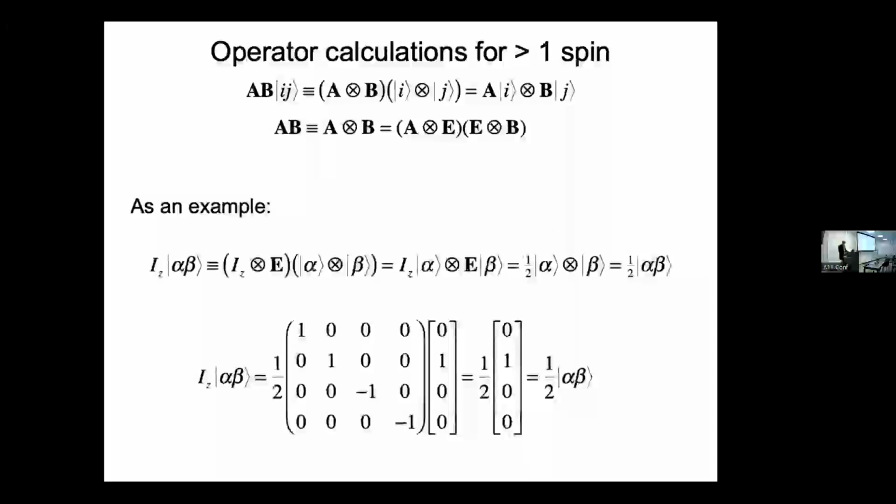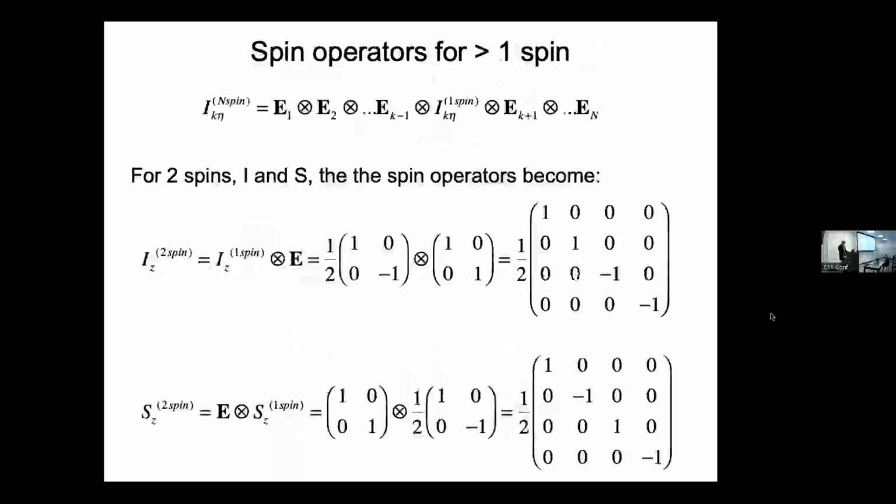And you can see perhaps right away, if I come back to this operator, where did I do it? Here, this operator, if it's real, so its adjoint is the same. So if I multiply the operator by itself, I'm going to get a diagonal identity operator. If I take the trace, I'm going to get 4, and then this would have been squared. So I'm going to get unity here.